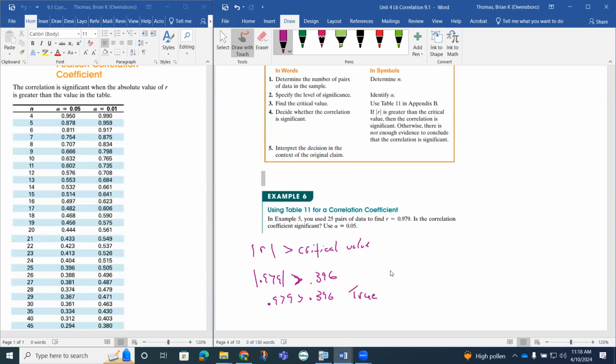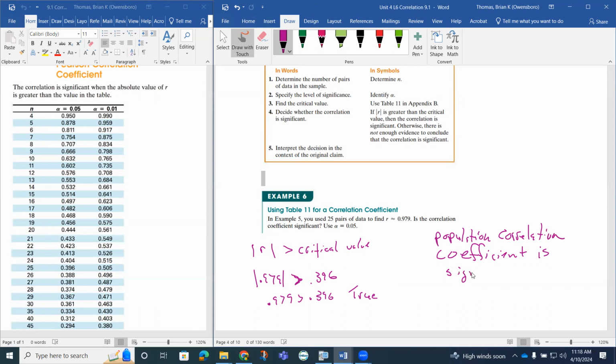So what we can pick up on then is that the correlation coefficient from our sample is allowing us to say that the population correlation coefficient, I should say, is going to be significant.